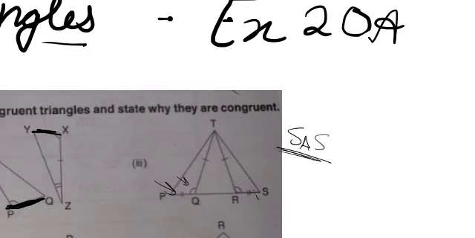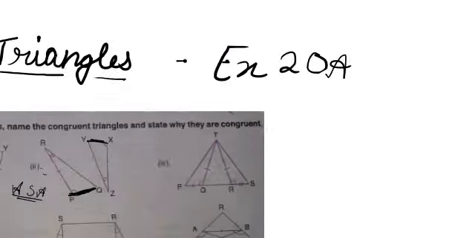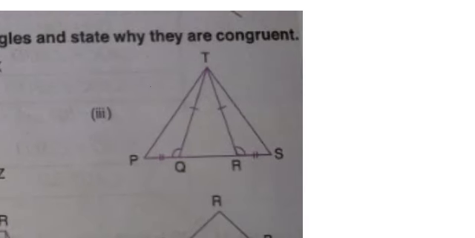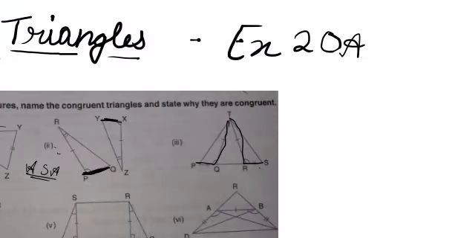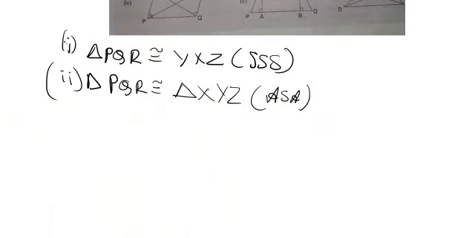Now just see here this time the first triangle will be PQT, right? This will be P to Q, then to T, then here also we'll start from S to R and then to T, right? So PQT is congruent to SRT, right? So this is the third part.